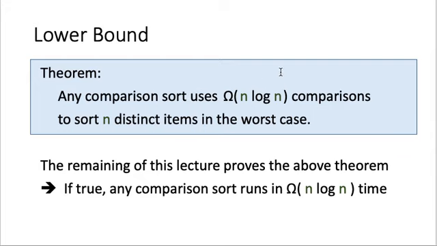Now, because each comparison takes at least a constant amount of time, and a comparison sort uses omega n log n comparisons, it needs omega n log n time. So if this theorem is true, then any comparison sort runs in omega n log n time.